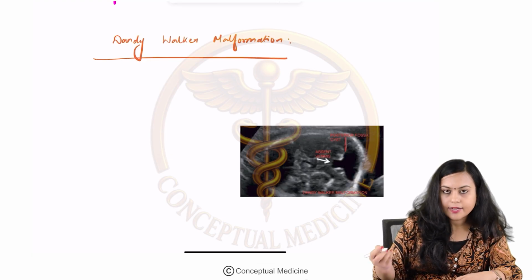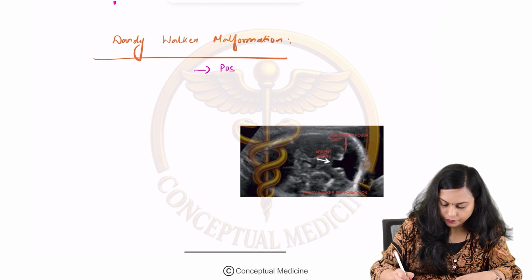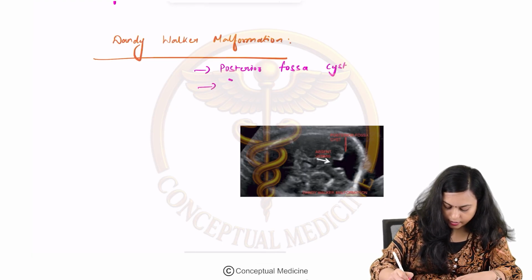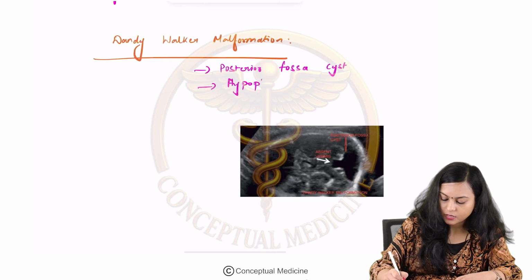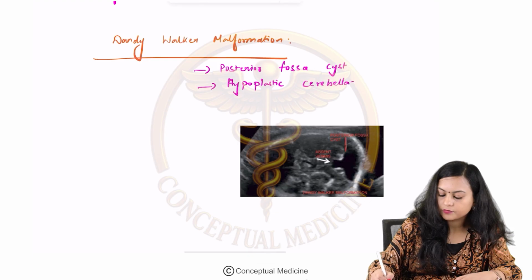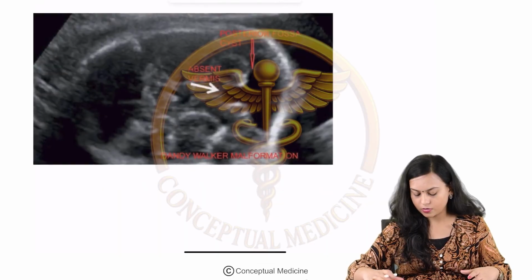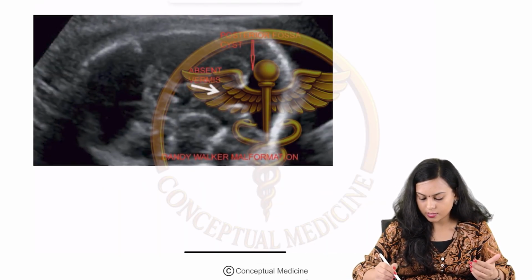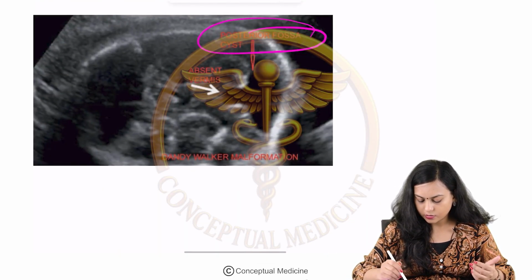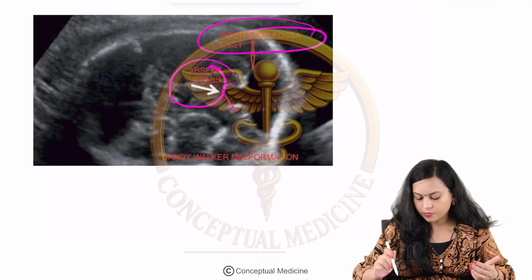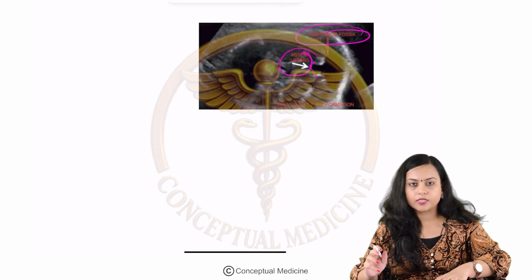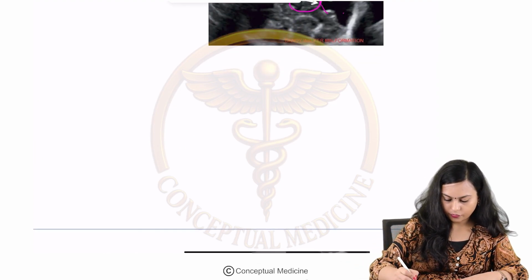In Dandy-Walker malformation you have a posterior fossa cyst, and usually there is a hypoplastic cerebellar vermis also, or an absent vermis. So this is a posterior fossa cyst, and there is an absent vermis that is noted. So that is a Dandy-Walker malformation.